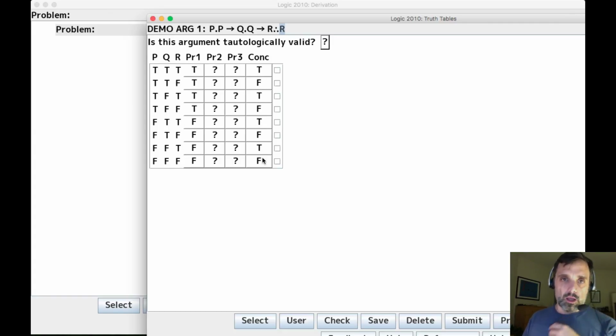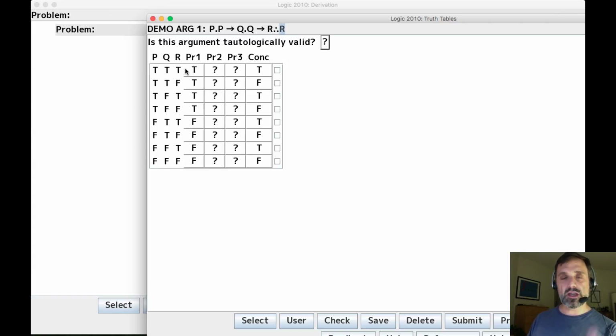Now what we need to do is look in this box where we have the premises and conclusion. We need to say, is each row a row where either there's a false premise, or a true conclusion? Not a false sentence letter, but a false premise, because what we're interested in is the relationship between the premises and the conclusion.